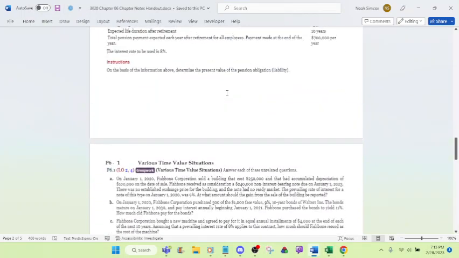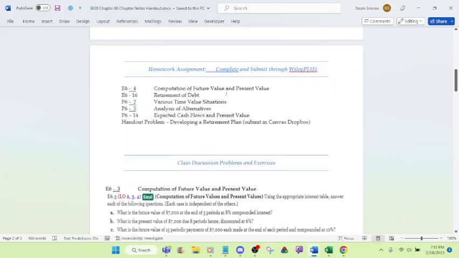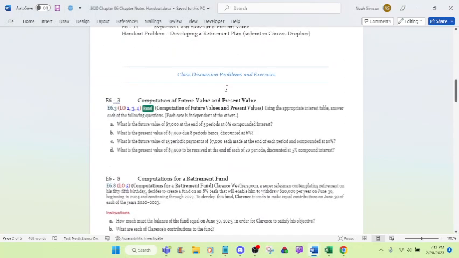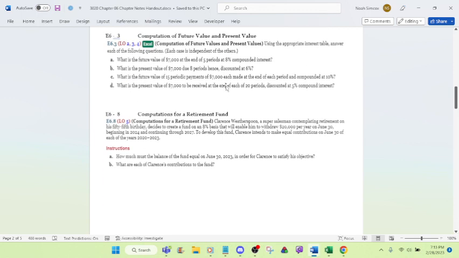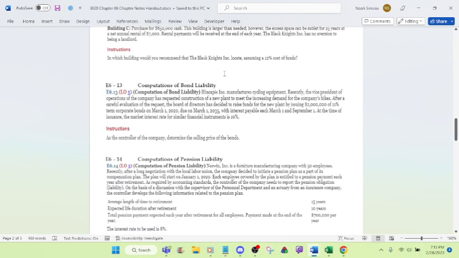No way. Where? What? You don't have it? How do you... Oh, come on. Wait. I want a student loan debt repayment problem, please.